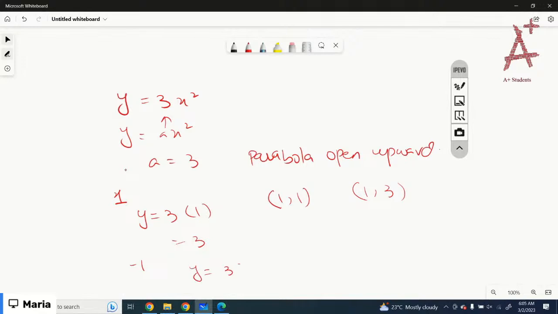So y equals 3 times 1, which is 3, so negative 1, 1 is transformed to negative 1, 3. You can just make a parabola through the transformed points. So that's how you calculate the transformations for y equals 3x squared. You apply the transformation on the y values, multiplying by 3.